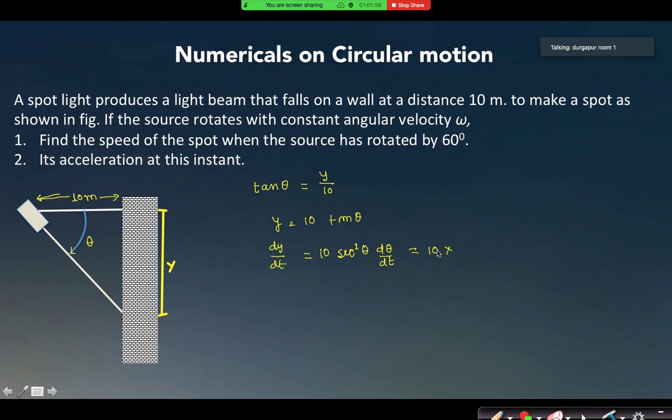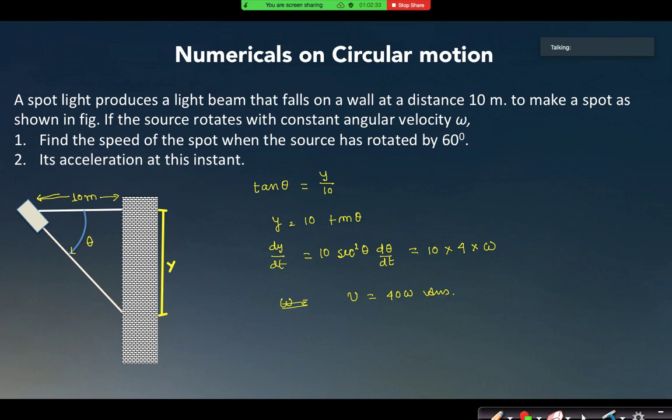Right? What is cos 60 degree? It is half. So sec 60 degree is 2. So it is 4 into omega. So the velocity is equal to 40 omega. That should be the answer of the first question. Have you got this one? Yes, sir.